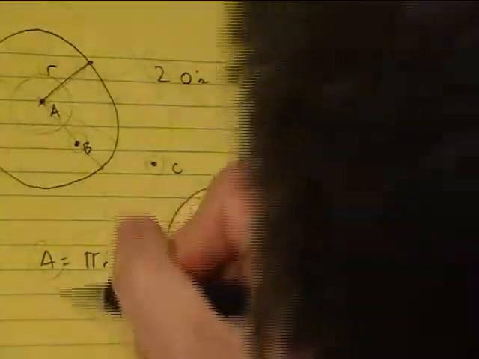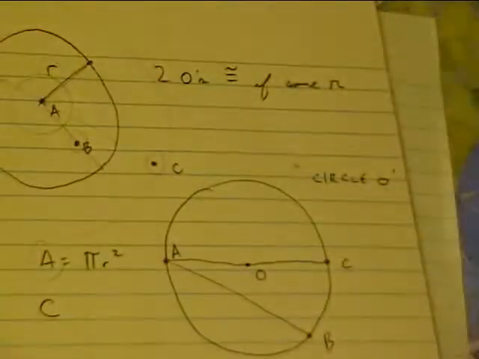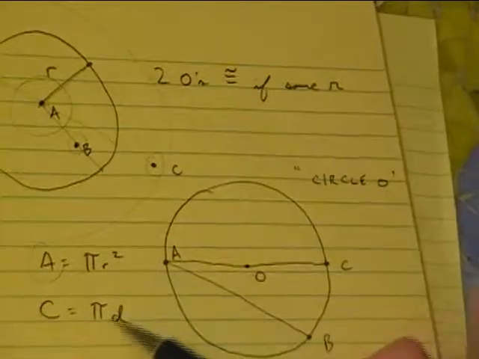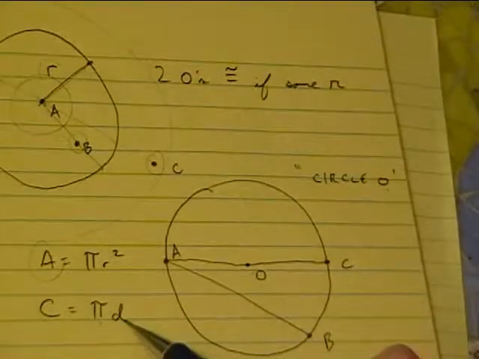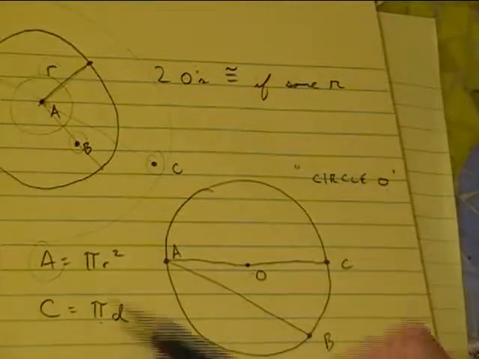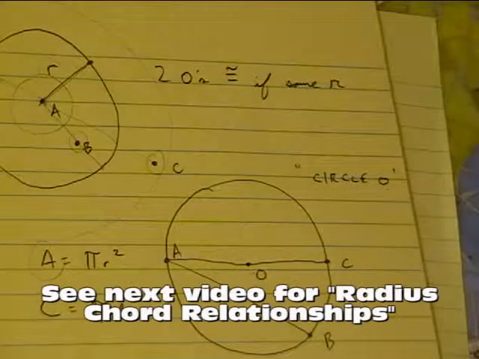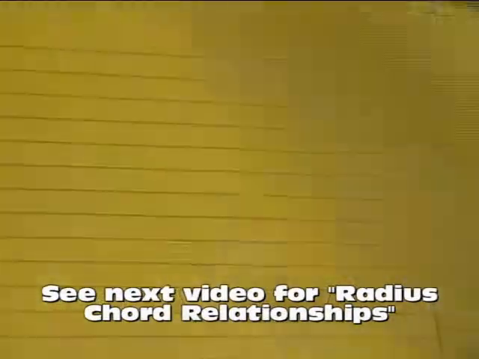The distance around, which is called a circumference, right, can be found by multiplying pi times the diameter. All right? And in case you didn't know, that symbol's for pi, that symbol's for diameter. A is for area, C is for circle. Okay. Let's move on into some radius chord relationships, okay?